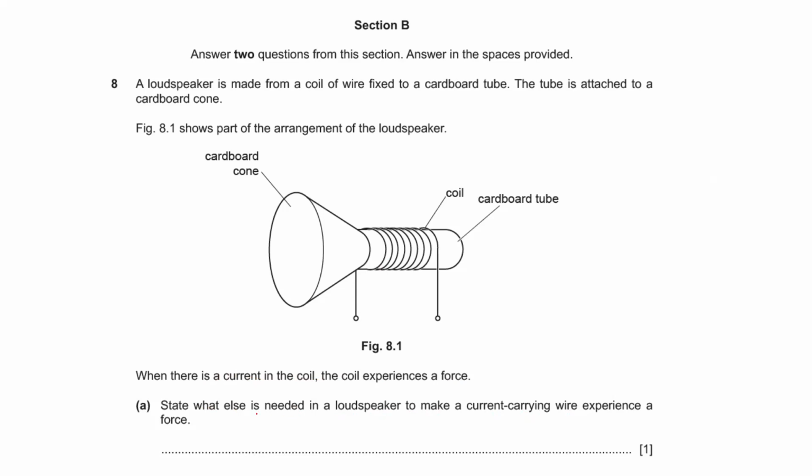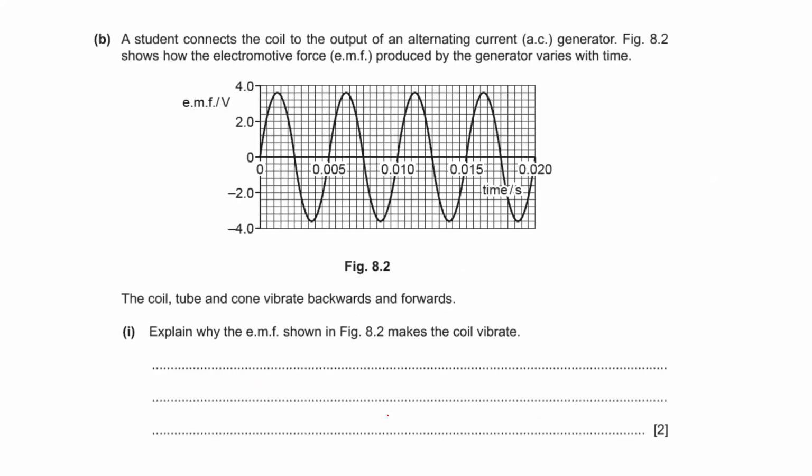So remember, a current carrying conductor inside a magnetic field results in a force. So we need a permanent magnet or a magnetic field in the case of the loudspeaker to generate a force, or generate vibrations in the cone.